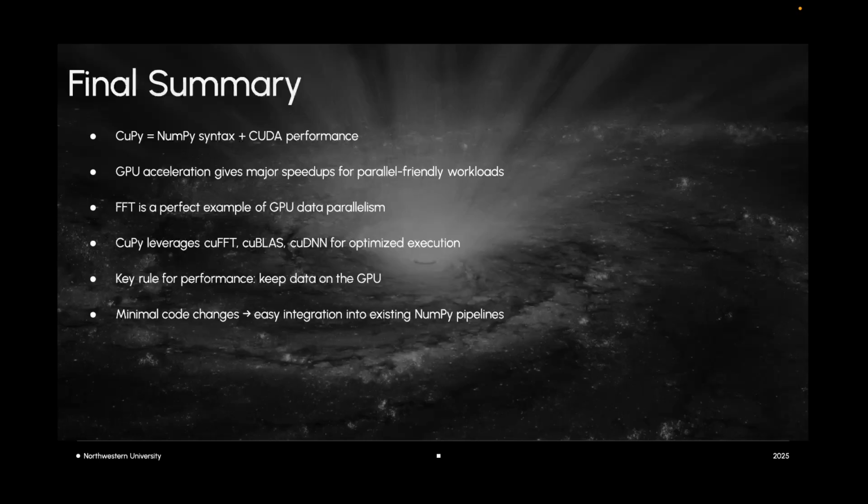CuPy uses underlying CUDA libraries such as cuFFT. And as a rule of thumb, you want to keep the data on the GPU as long as possible. Because of the ease of Python, how readable it is, and the minimal changes you need, this is a very good option for programmers, data scientists, machine learning engineers, or basically anyone who is using NumPy and could benefit from some speedup.